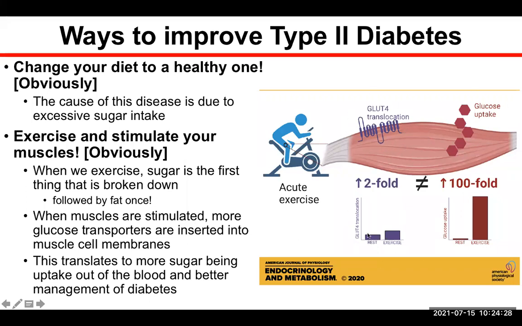And so here we have a graph of somebody at resting and their base level of the glucose transporter 4. And then what happens when they start to exercise? We see that the amount of transporters ends up doubling. Now, when we measure the amount of glucose that the body is able to uptake, we see that at rest, it's not really uptaking anything because it's keeping a homeostatic level.